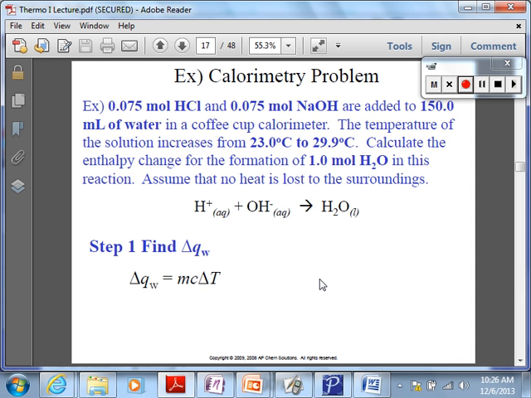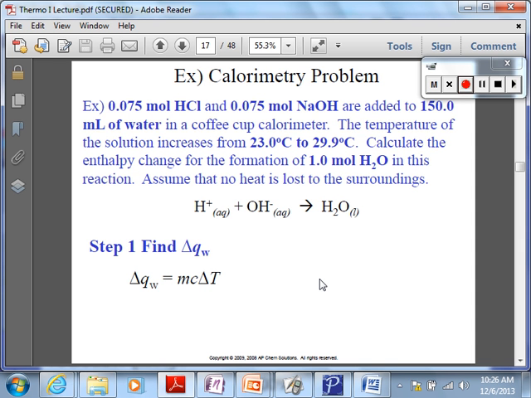Change both of them to Kelvin, so add 273 to both of them, and then you still want to subtract because you're trying to find the change. Okay, so if you add 273 to the first one, that would be 296, and then 302.9. Okay, and then when you subtract them, what do you get? 6.9.